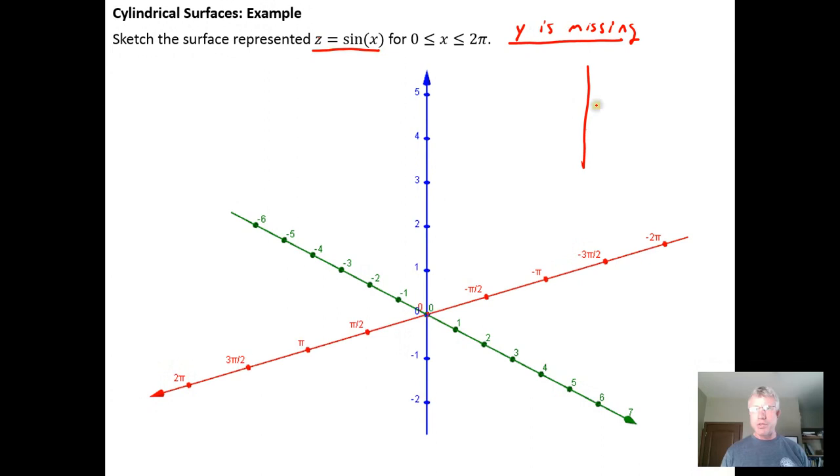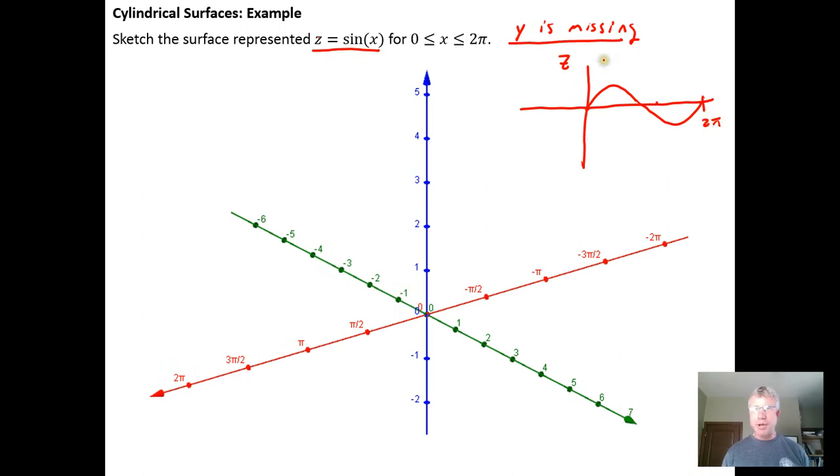If I think about the xz plane, the sine function on the interval from 0 to 2 pi is going to start at 0. It's going to go up to 1, back down to 0, down to -1, and at 2 pi it'll be back at 0.